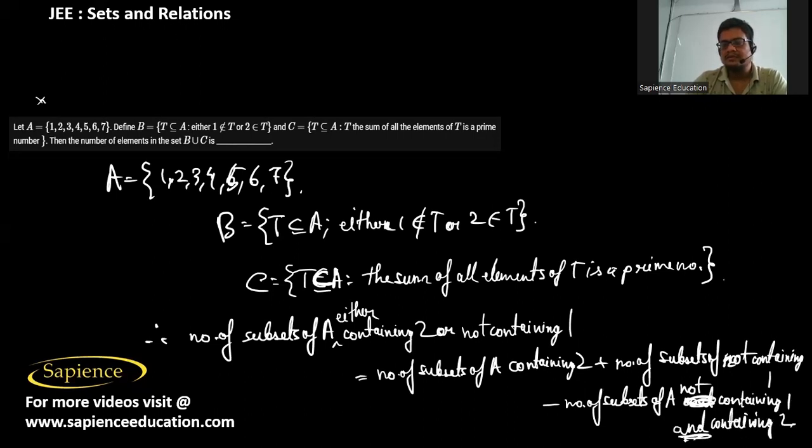So here the AND function is used. It means we are taking the intersection of these two sets.